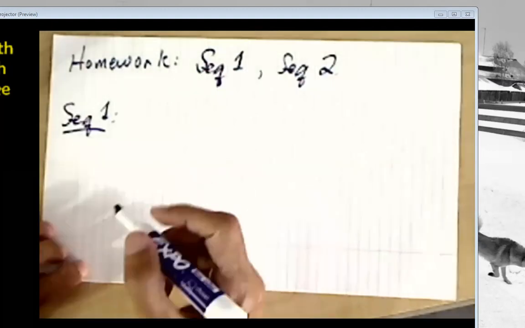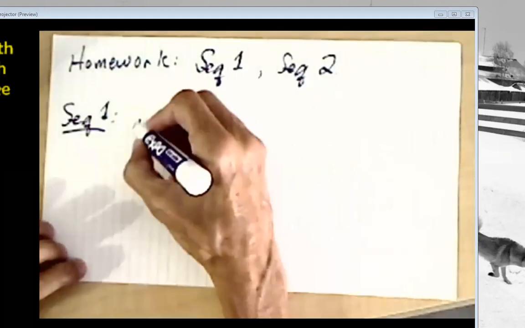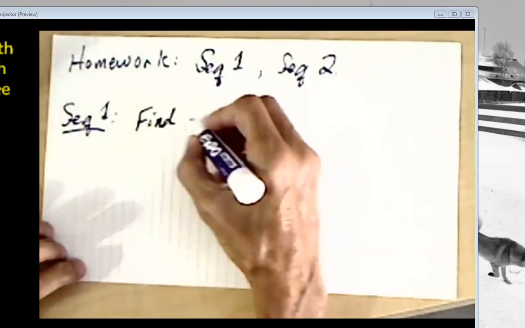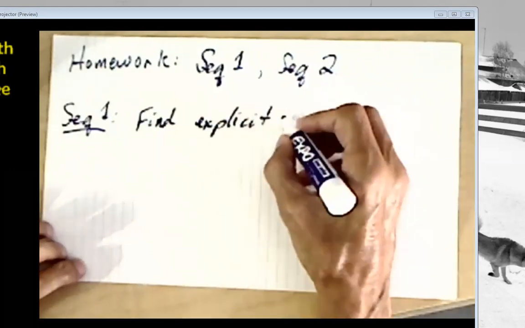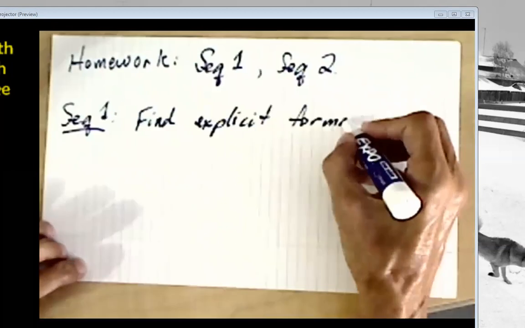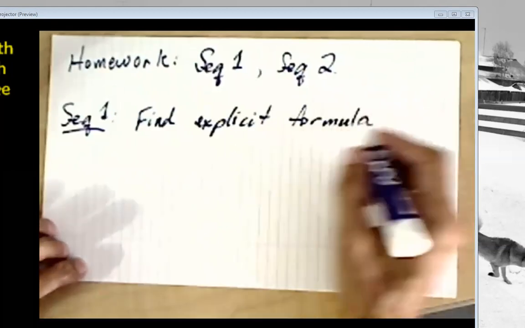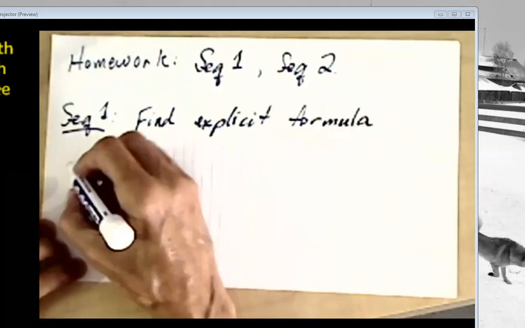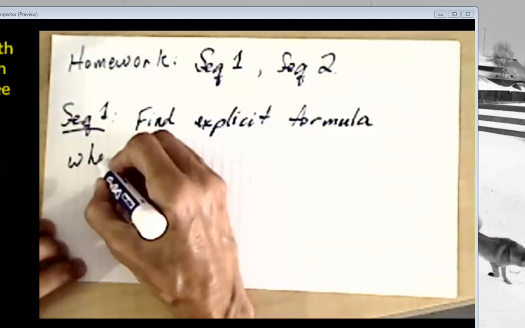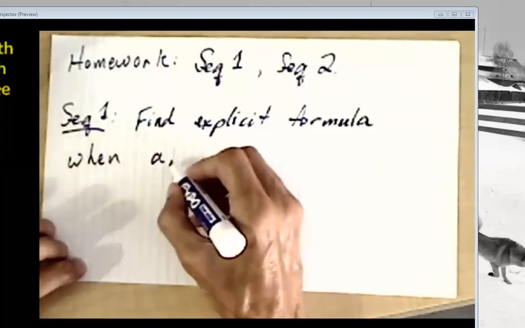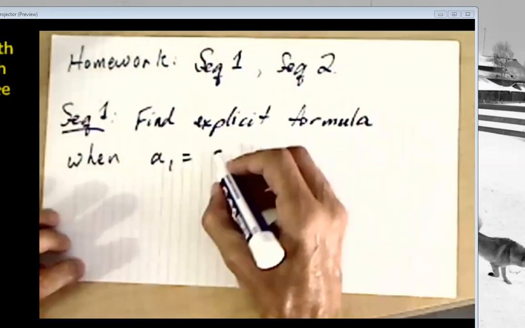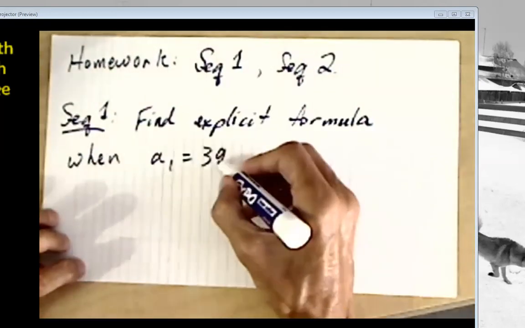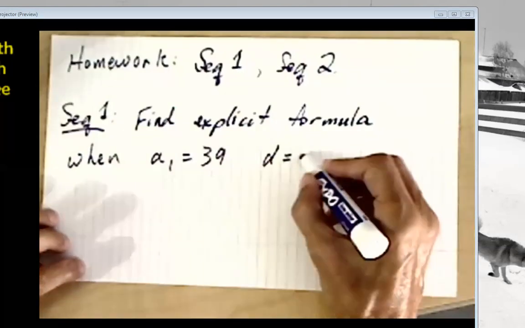Okay, this one here. Find the explicit formula, the general term, when A1 is equal to 39 and D is equal to -5.